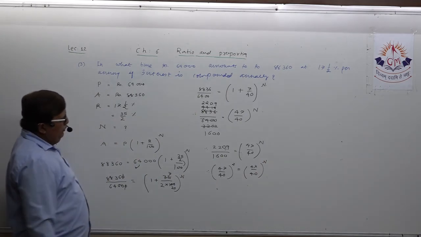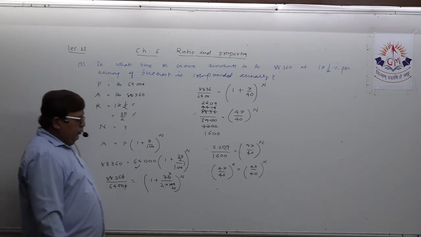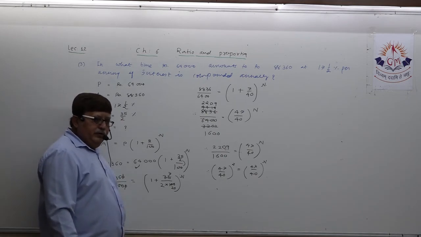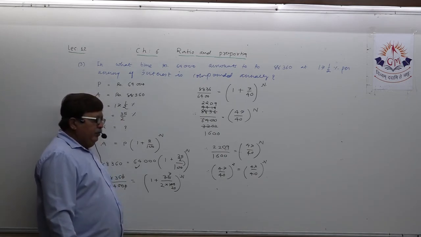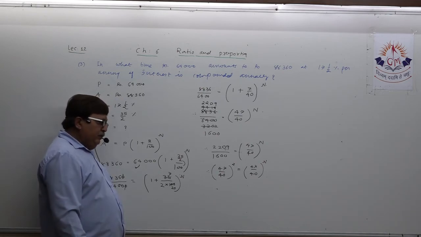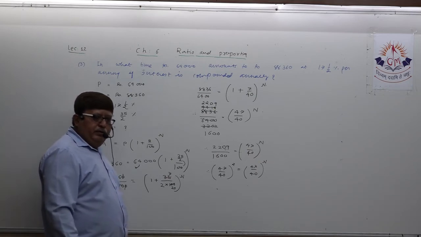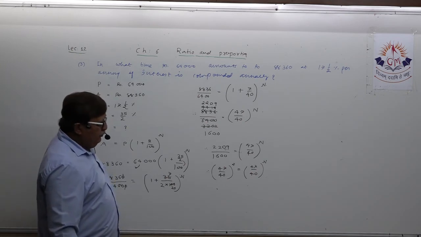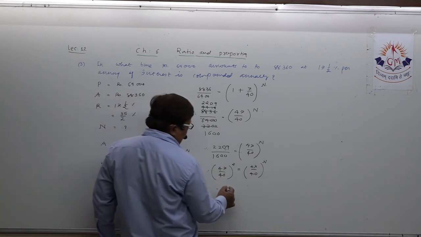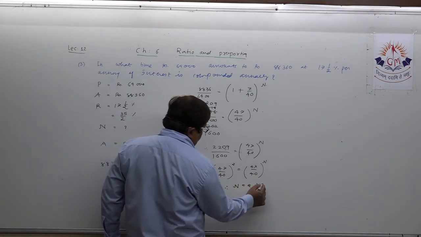In between there is an equal sign. The bases are similar on both sides. When bases are similar, it is very easy to just compare their powers. So n equals 2. Understand? 2 here.